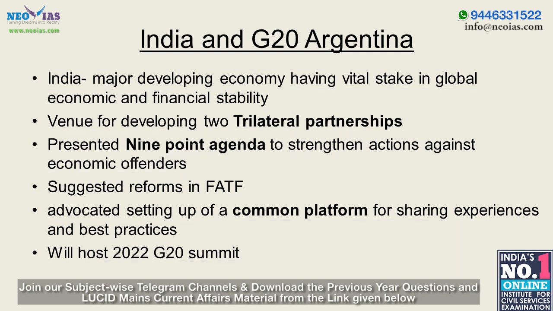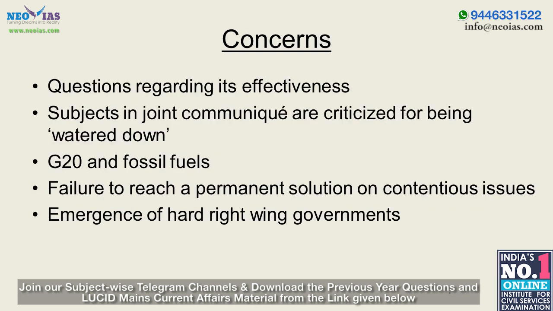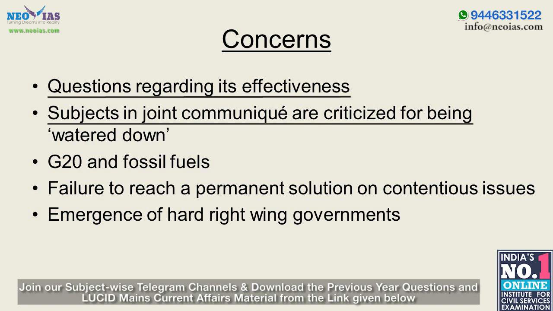Now, moving on to the concerns part, critics have raised various questions about the effectiveness of the G20. Many of the subjects in the joint communique are criticized for being watered down. For instance, there is no mention of the word protectionist. Another question is regarding the efforts of G20 nations in combating climate change.